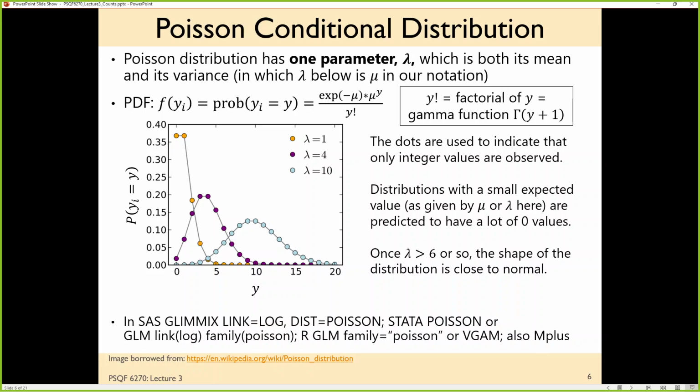So that means as the mean increases, like if I have a predicted count of 12, the variance around that prediction is 12. If I have a predicted count of 5, the variance around that is 5, it shrinks. If I have a predicted count of 1, the variance around it is 1, and it shrinks further. So variance is non-constant. It increases directly with the predicted mean of the distribution.